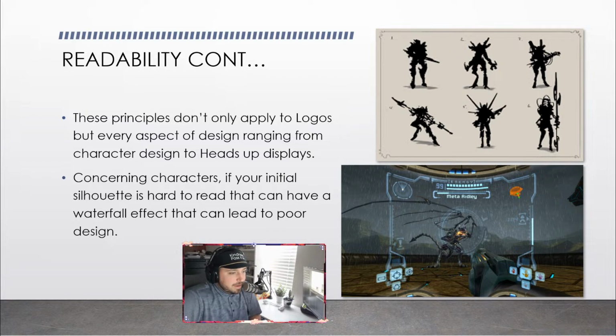Concerning characters, I put a couple of silhouettes up here on the screen. If your initial silhouette is hard to read, that can have a poor waterfall effect that can lead to a terrible design. All these silhouettes are super iconic.